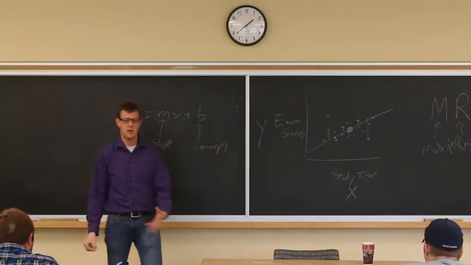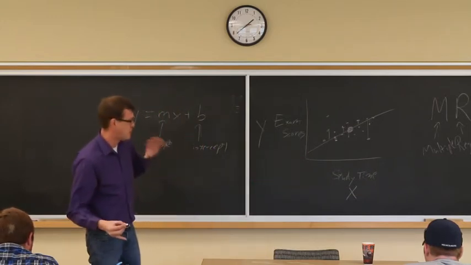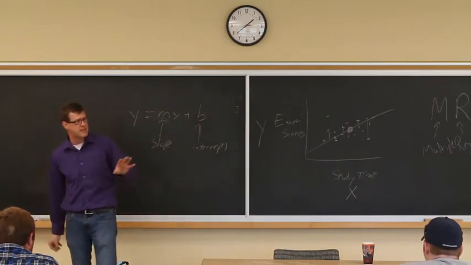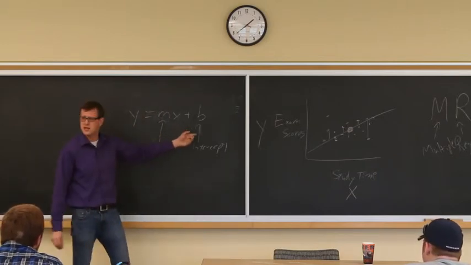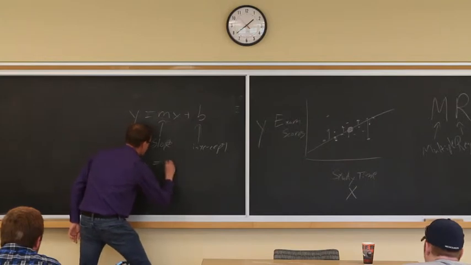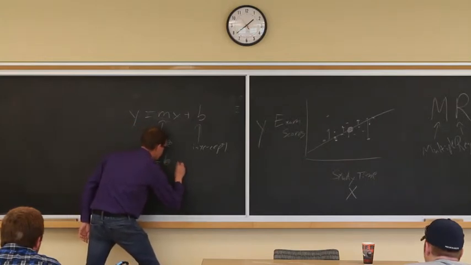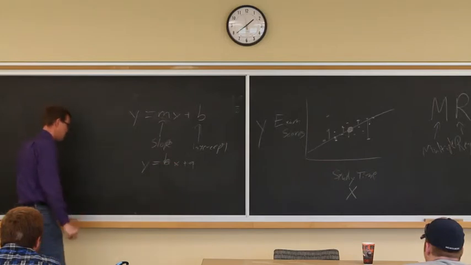For some reason, a lot of the ways that people describe slope and intercept in stats books I find a bit goofy, because I grew up with m is slope and b is intercept. In a lot of stats books, you'll see y equals bx plus a, where a is the intercept and b is the slope.